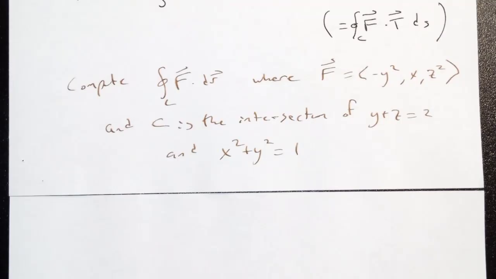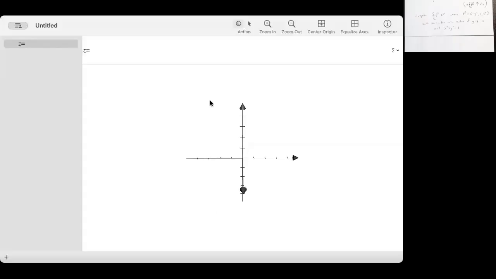Let's draw this setup. Okay, I'm going to draw the surfaces. X squared plus y squared equals 1. What's that surface look like?